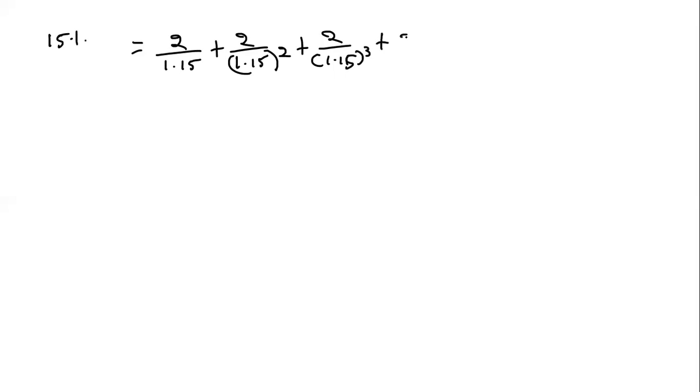Now we will try with 15%. So it is equal to 2 divided by 1.15, plus 2 divided by 1.15 squared, plus 2 divided by 1.15 cubed, plus 55 divided by 1.15 cubed.